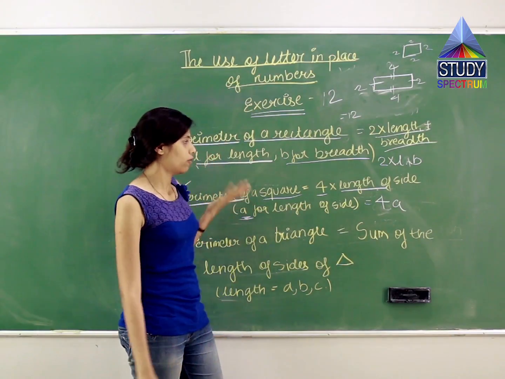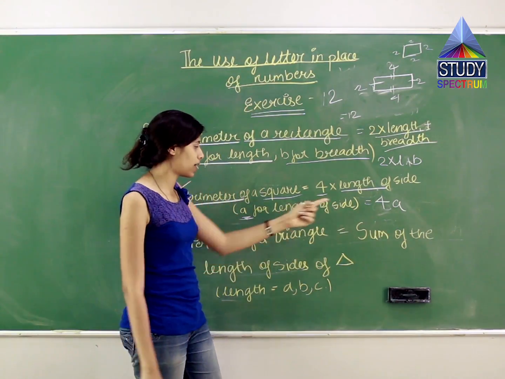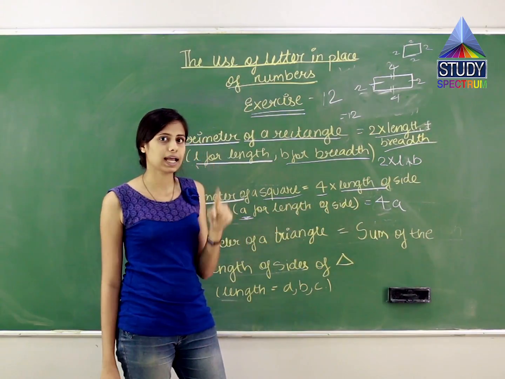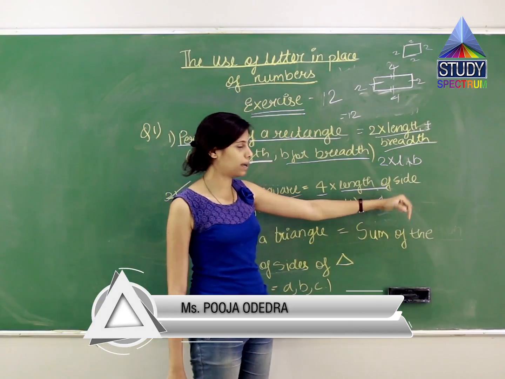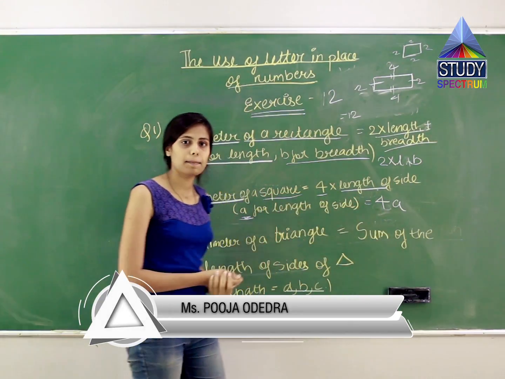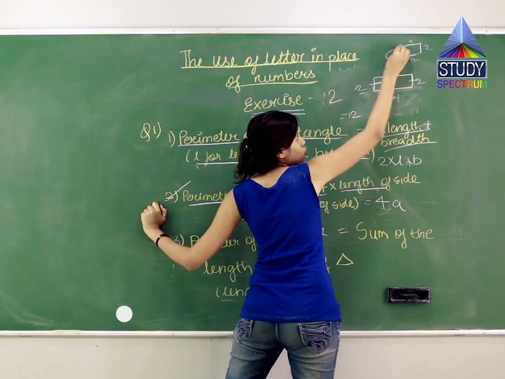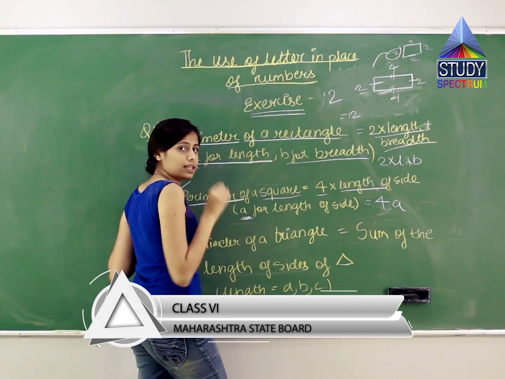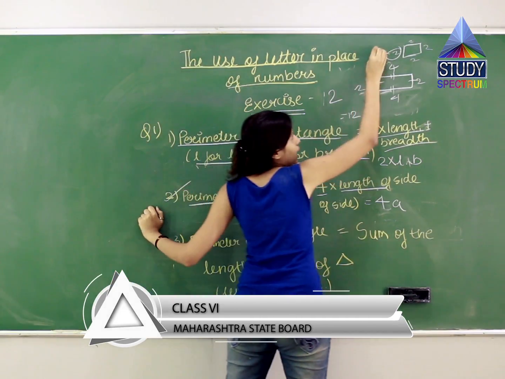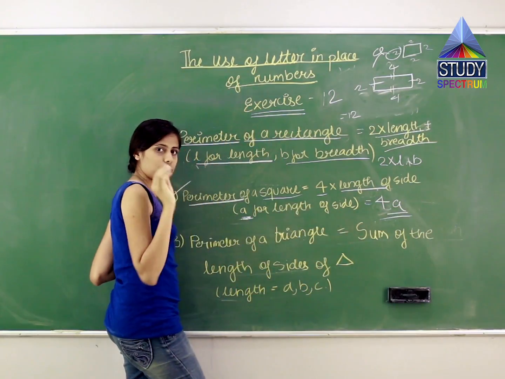But over here we don't know the length of the side. In the question they are telling the length of the side is A. So it is 4 multiplied by A, 4A, 4 multiplied by 1 length.